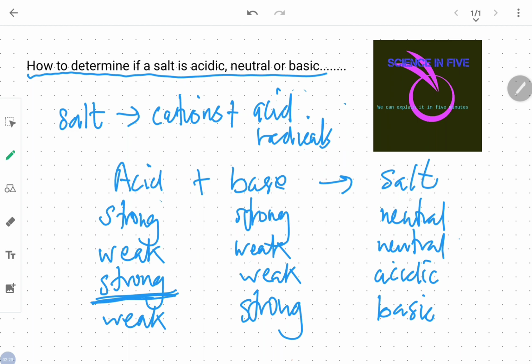So the trick is to look at the salt, see if you can figure out from which acid and which base this salt was made, and then you can determine whether the salt is acidic, neutral, or basic. Let's look at a couple of examples.